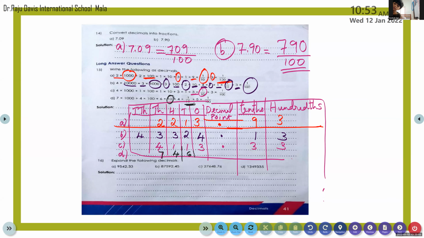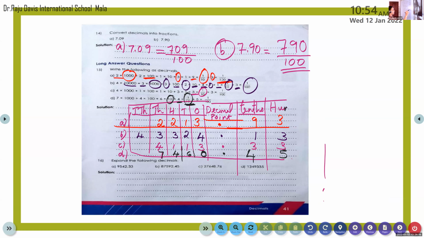There is no ones place. So what do you have to do? Put 0. Okay, that is very important. If any place is missing, you have to place a 0. Okay, after that again decimal point, 1 by 10, which number is here? 4. And what about here? 5. Please check your answer whether it is correct or wrong.